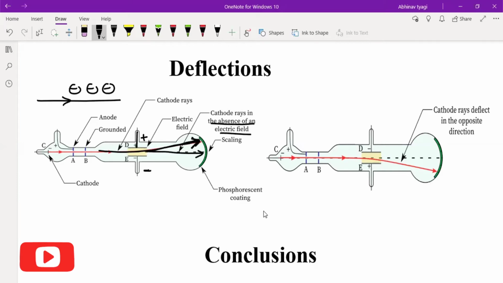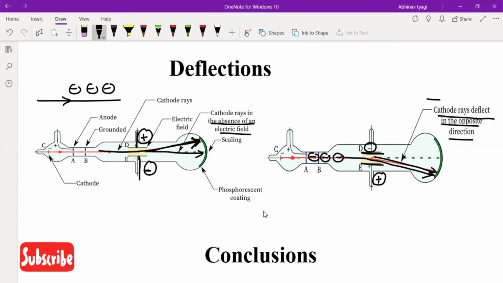Electric field is applied with the help of these two electrodes. Okay, now what will happen if we change the polarity? If this plate is connected to anode, which is positively charged, and this plate is connected to cathode, which is negatively charged, then the negative cathode will attract it towards the positive side, as you can see here, and here is the deflection. The cathode ray deflects in the opposite direction.